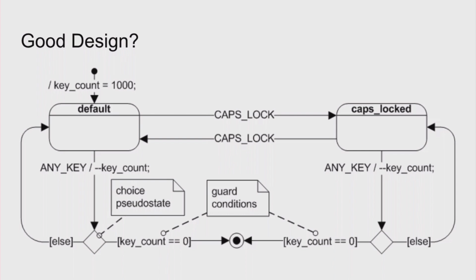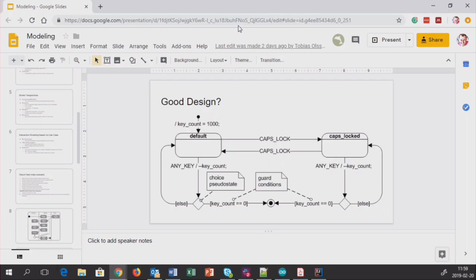So think about the states, and separate that from the actions that you would like the system to perform. And also the events are probably inputs from an external user. Right? Questions? No questions?